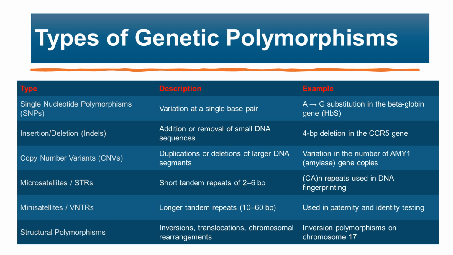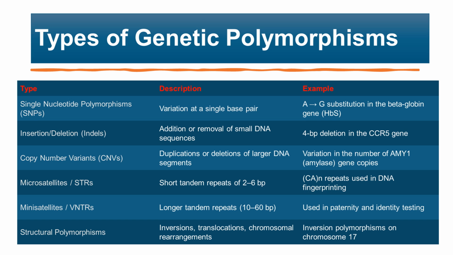Copy number variants, CNVs: duplications or deletions of larger DNA segments, e.g., variation in the number of AMY1 amylase gene copies. Microsatellites/STRs: short tandem repeats of 2 to 6 bp, e.g., CA repeats, used in DNA fingerprinting. Minisatellites/VNTRs: longer tandem repeats, 10 to 60 bp, used in paternity and identity testing.